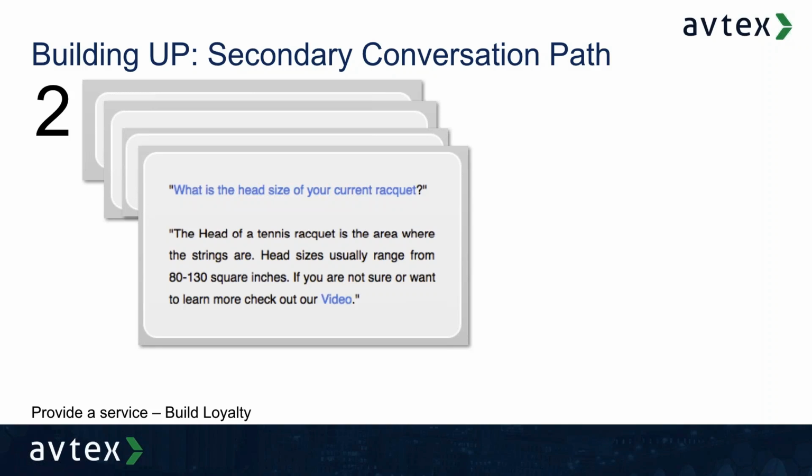This is where microcopy, mapping out all of our microcopy becomes very important so that we can go down these various paths successfully depending on the things that we're hearing from the customer. So at this point, they're saying it's too small. And so we can say, what is the head size of your current racket? And we can provide some additional context. We can say the head of a tennis racket is the area where the strings are.